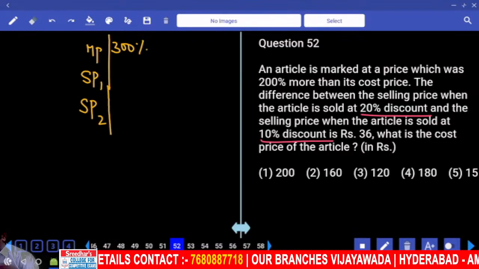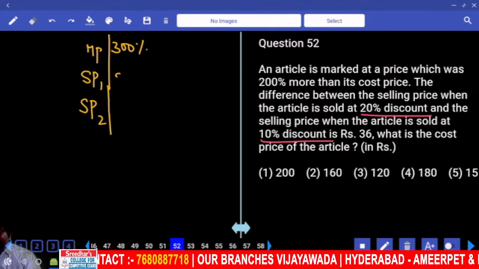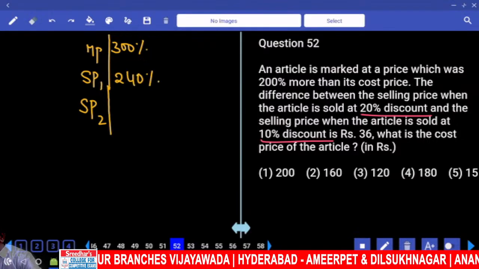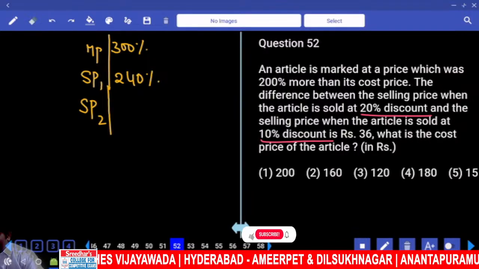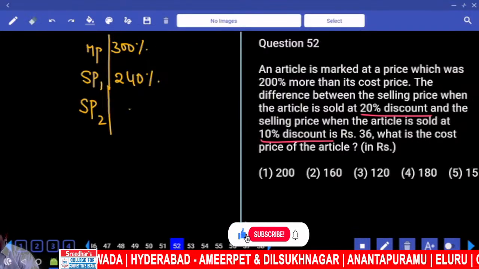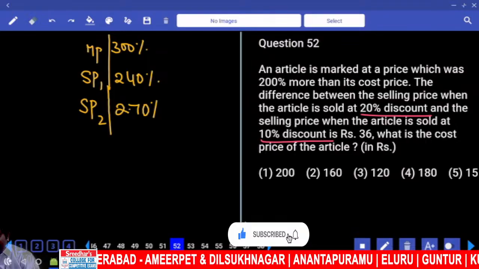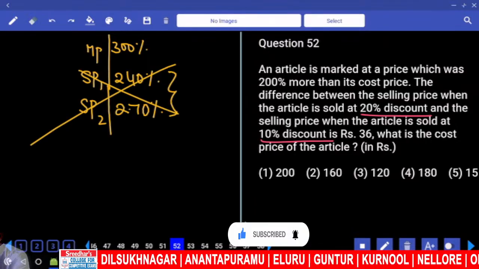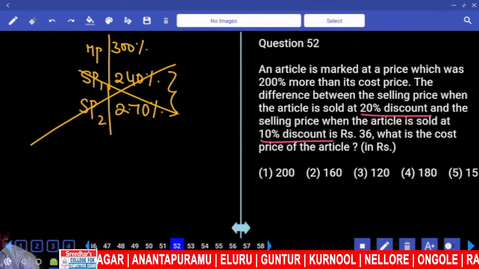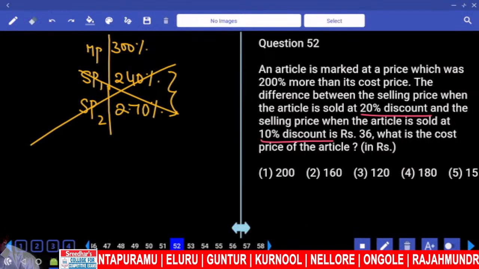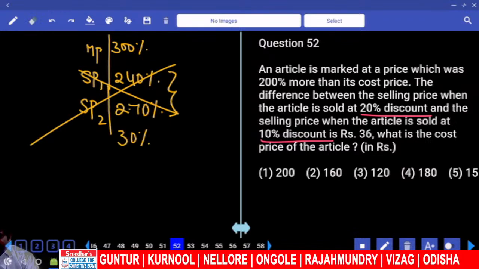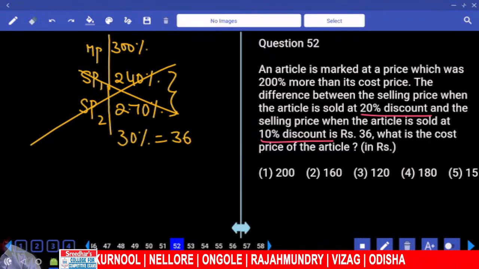When there is 20% discount, you sell it at 240, 20% of 300, 60 subtracted. Next is 10% discount, 30 subtracted, it becomes 270. Now the difference is 10% of 300, which is 30, and that is equal to 36.